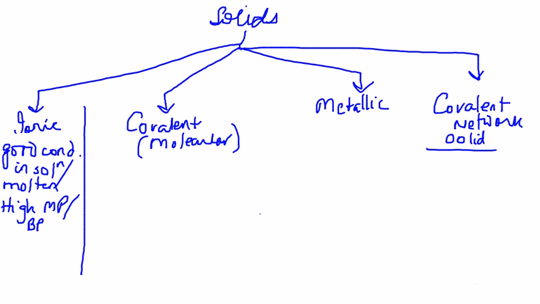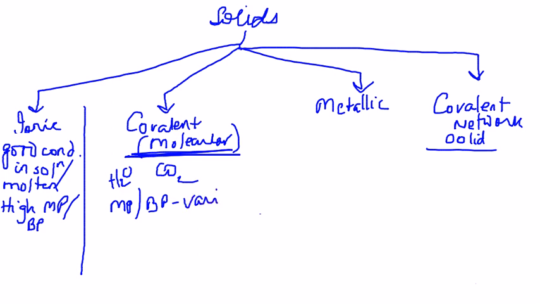I want you to think about covalent or molecular compounds. These are discrete molecules. So you will see the kind of interactions in, let's say, H2O or CO2. Depending on the polarity, the melting point and boiling point are going to be variable. Just to give you a reference point, water boils at 100 degrees Celsius. On the other hand, CO2 is present as a gas at room temperature.